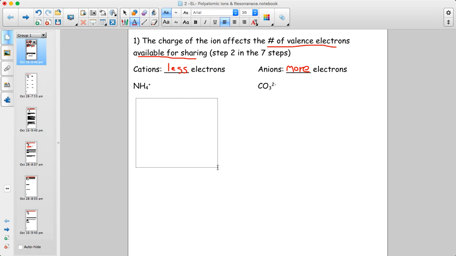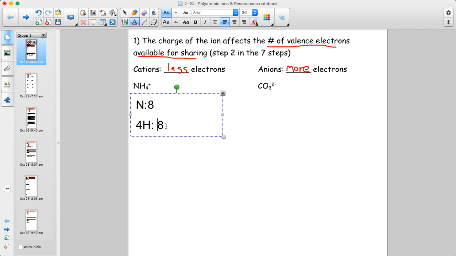With NH4, the nitrogen needs to have 8, and the 4 hydrogens need to have 8 in total because it's 4 times 2. Each hydrogen needs to feel like it has 2. So that means in total, we're looking to feel like we have 16. Now, N brings 5 to the table, and 4 H's bring 4 to the table, which is 9.